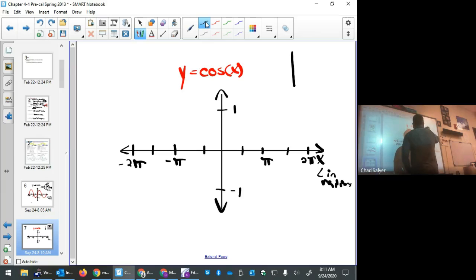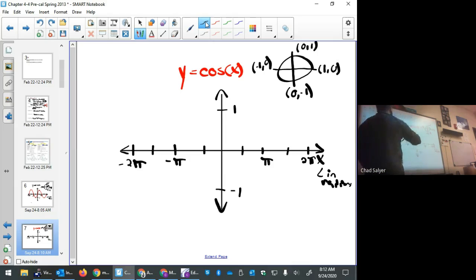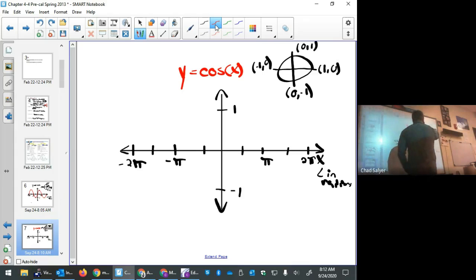Once again, we're going to consult that good old unit circle. The quadrantal angles are the ones we're concerned about. So those are all we need to know to graph this effectively. First of all, cosine of 0 is 1 this time.